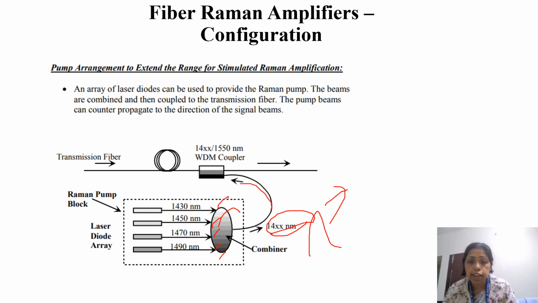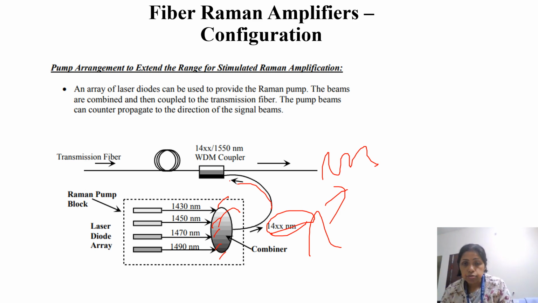This light enters the coupler along with the transmission fiber, and due to the interaction between the transmission line and the coupled pumping light, we get the higher intensity light here.